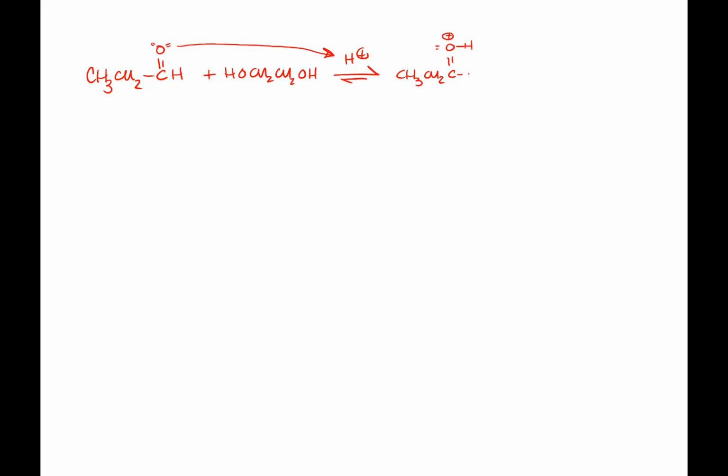Right, we protonate the oxygen, and then half of the ethylene glycol molecule, one of those OH groups, is going to come in and add to that carbon, and in this resonance structure we would give that pair of electrons to the oxygen.